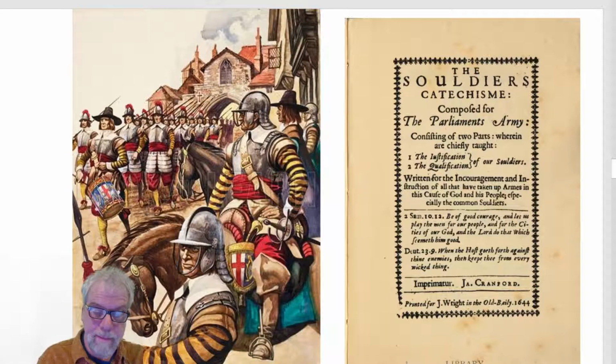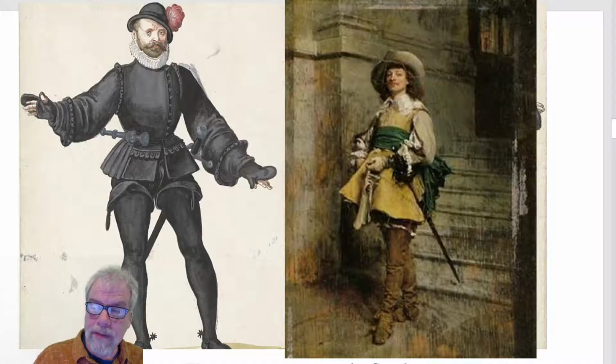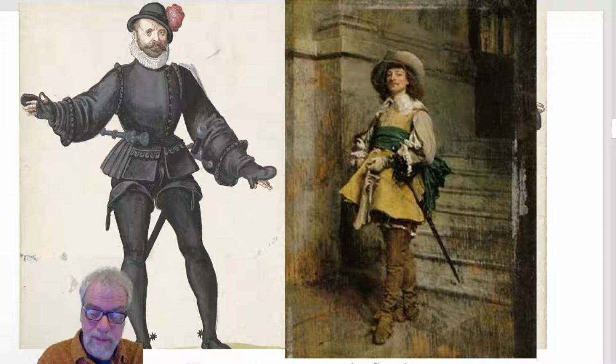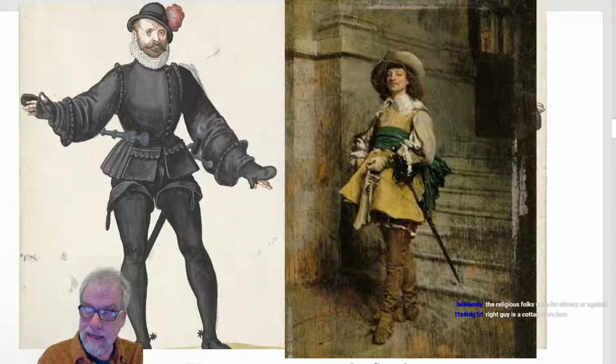If you think about the flamboyant generals in the Confederate Army, they look very much like this guy on the right, with the feathers in their caps, riding on horses: Jubal Early, General Longstreet, all of the other Confederate generals, and the images of themselves are very much alike. The religious folks were generally against slavery, although it's true that New England participated in the slave trade, but there were not many enslaved people in New England.